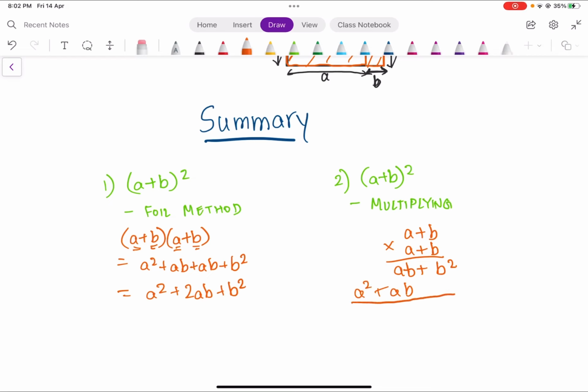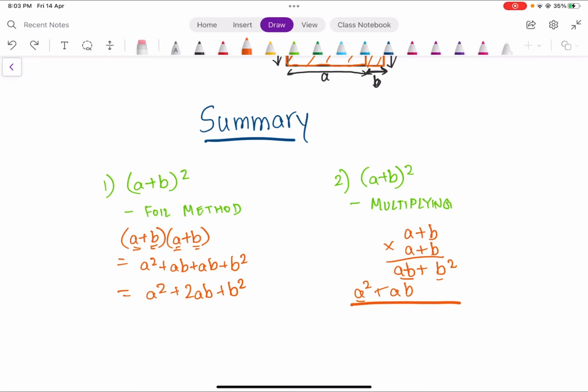One important thing to note whenever you're doing this is to make sure that like terms are with like terms. So b squared cannot be added to ab or a squared. It has its own column and it has no like terms. Over here, the only like term we have is ab and again ab. So that is something important to note whenever you are multiplying equations.